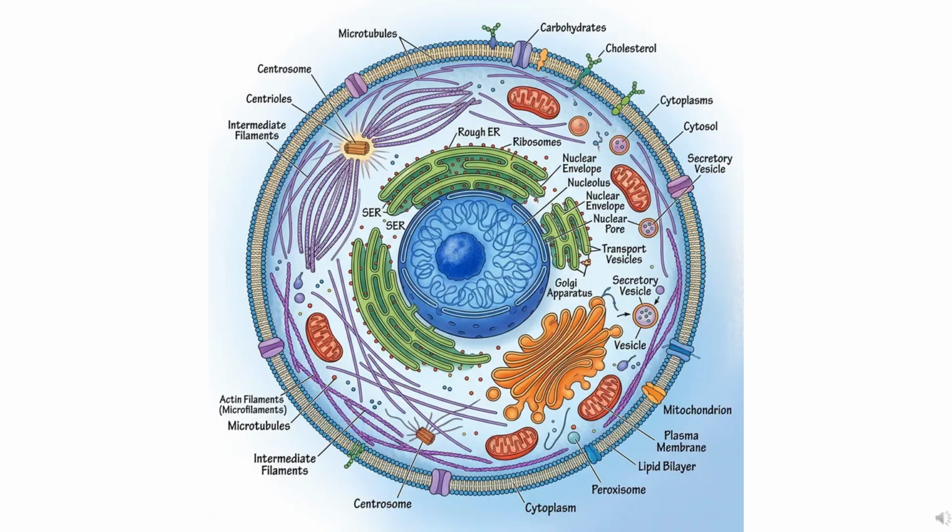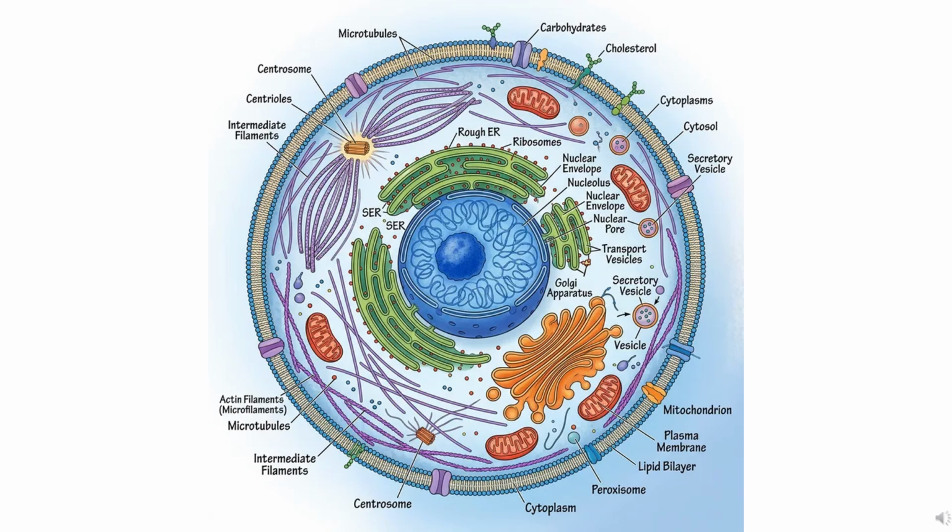Now let's summarize. A eukaryotic cell is a complex, highly organized structural unit distinguished by a membrane-bound nucleus that safely houses its genetic material, DNA. Surrounding the nucleus is the cytoplasm, a gel-like fluid that contains a variety of specialized structures called organelles, each performing distinct tasks to keep the cell alive.